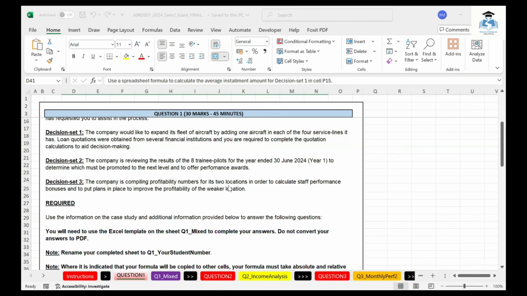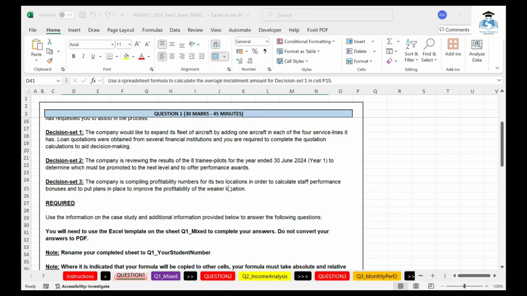Decision number 1: the company would like to expand its fleet of aircraft by adding 1 aircraft in each of the 4 service lines it has. Loan quotations were obtained from several financial institutions, and you are required to complete the quotation calculations to aid decision making.